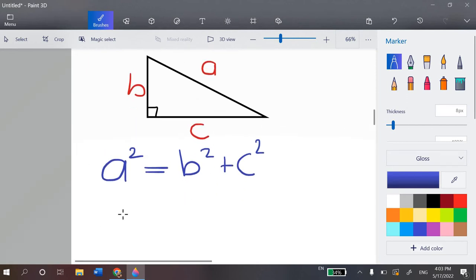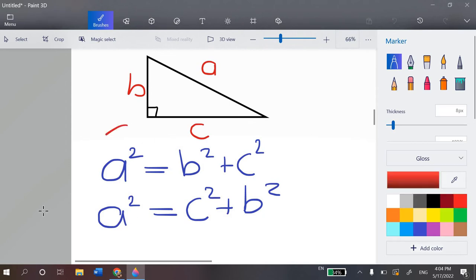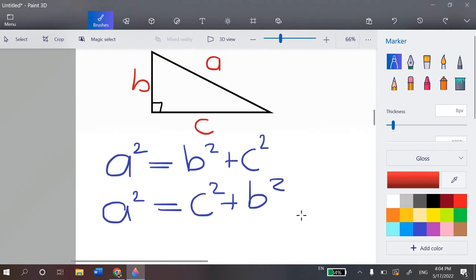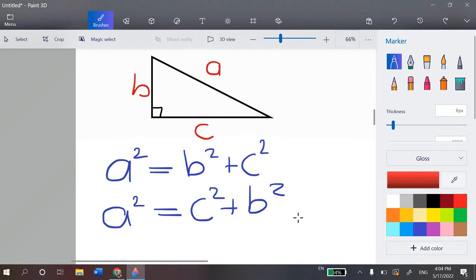You can also write this in a slightly different way: a to the power of 2 is equal to c to the power of 2 plus b to the power of 2. It's completely fine if you switch the b and the c, no problem. But the hypotenuse always needs to be this one on the outside here. So the hypotenuse to the power of 2, so a to the power of 2, equals b to the power of 2 plus c to the power of 2.